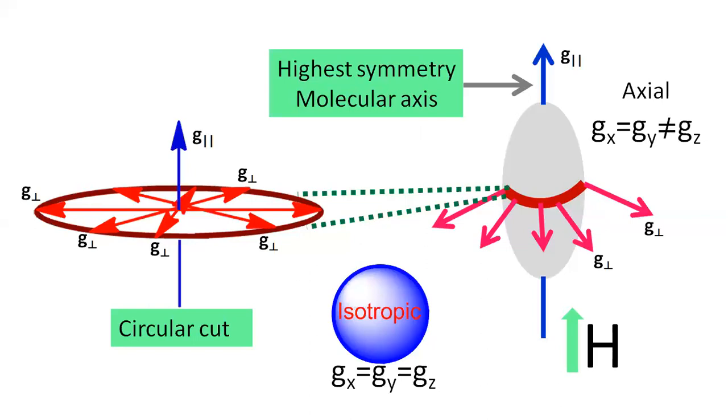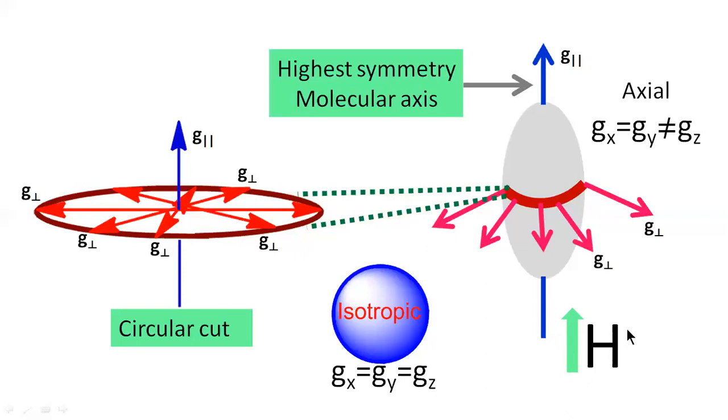Because of this, in your actual EPR spectrum, there is more probability of molecules being in a perpendicular direction compared to the parallel direction. I'm describing parallel or perpendicular in terms of the laboratory axis, meaning the instrument axis, the direction along which I have applied the field.